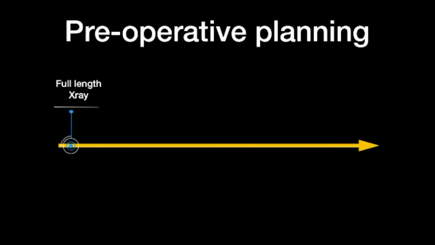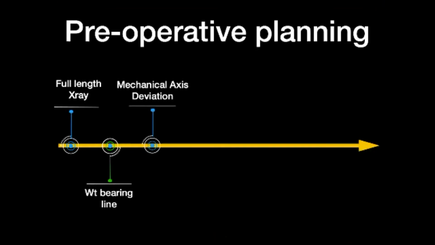First is the importance of full length X-ray and how to get it, and our technique to get full length X-ray in our AKB center. Second, I'll be talking about weight bearing line, which is popularly known as Mikulicz line. Then I'll be talking about the term mechanical axis deviation, some of which has been covered by Sudeep sir in his talk.